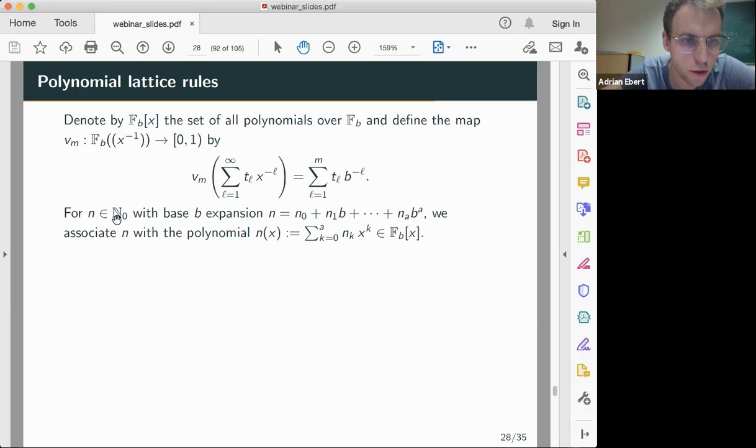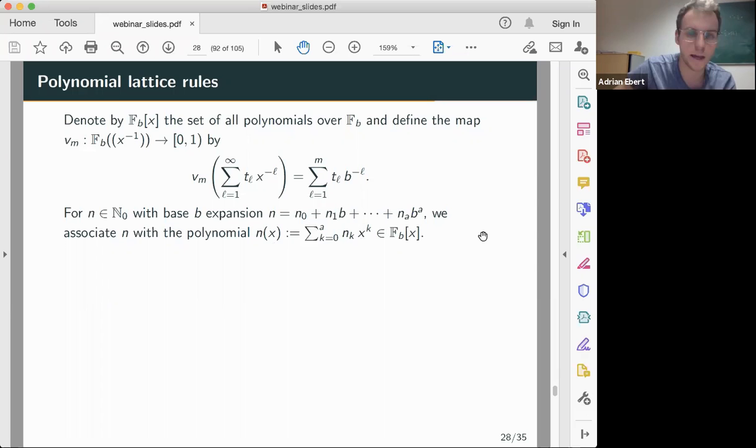I should also mention there is a relation between integers and polynomials, namely that if we have an integer n with a base b expansion of this form, then we will often associate n with the polynomial n of x given by this form.